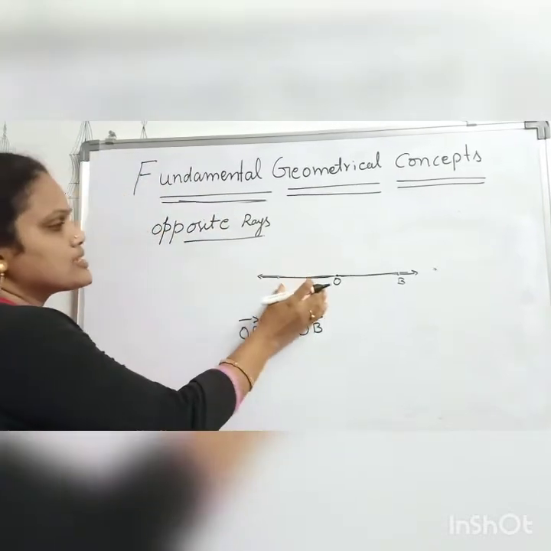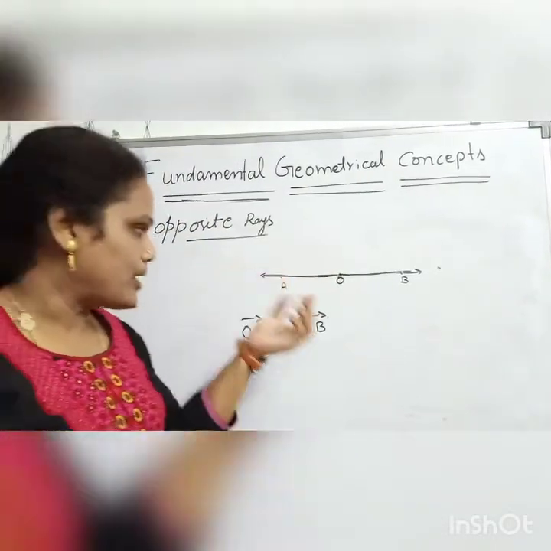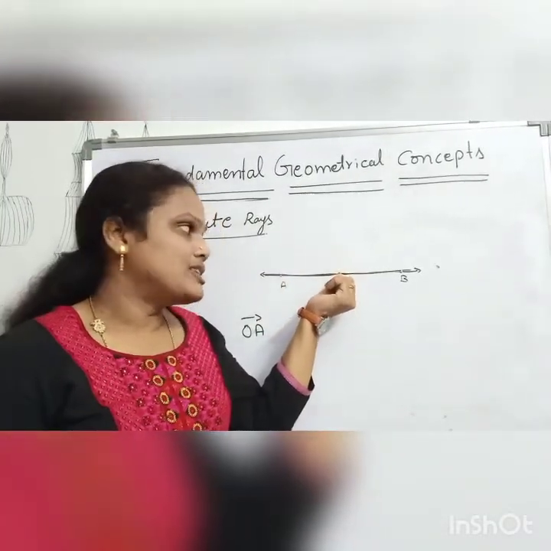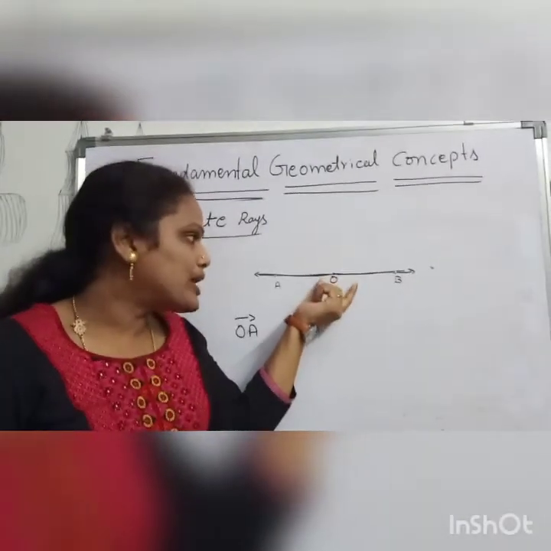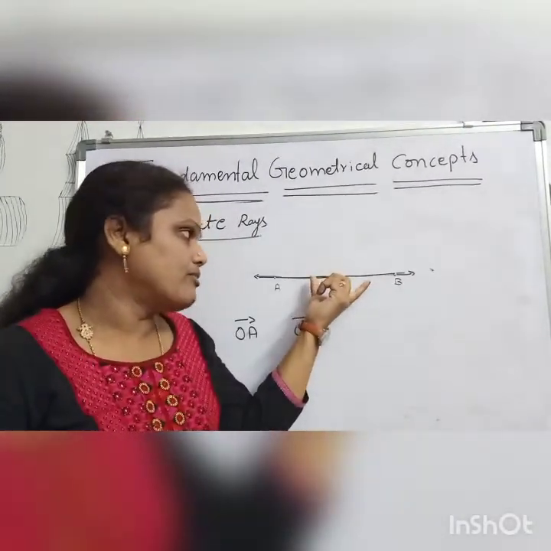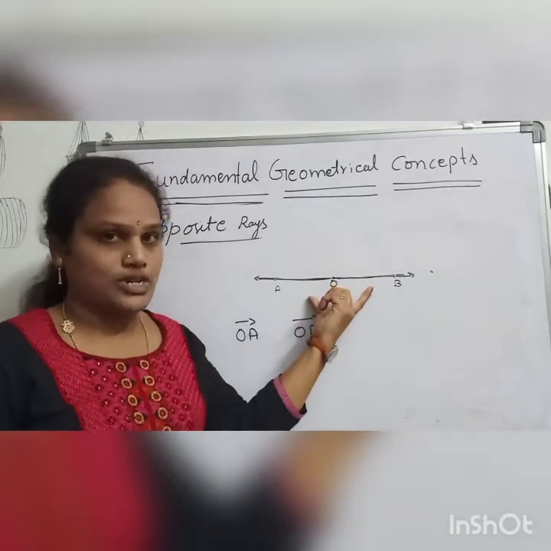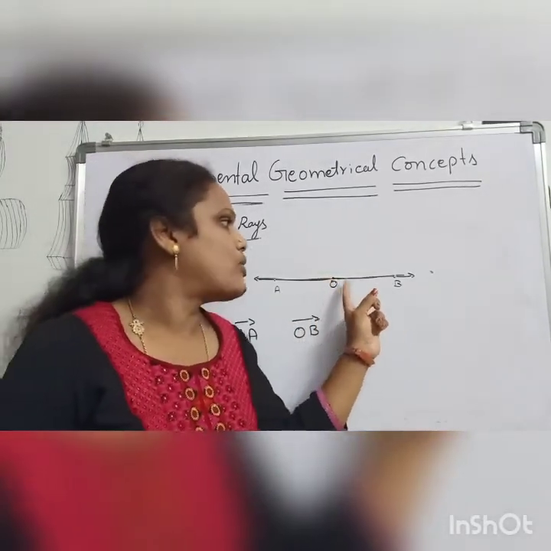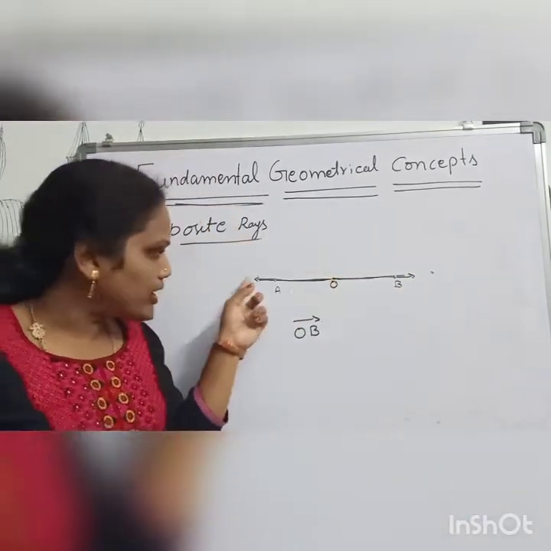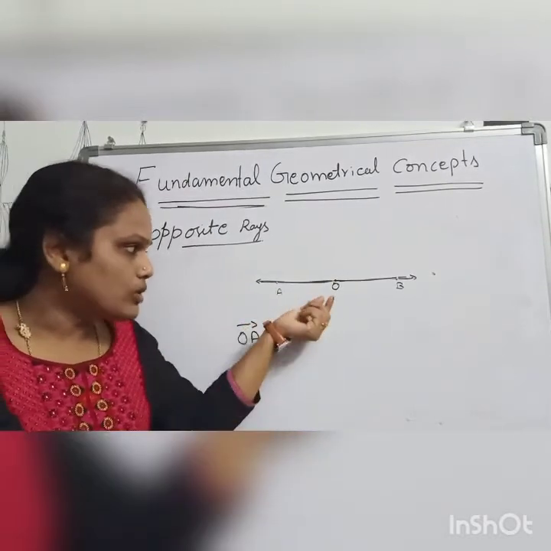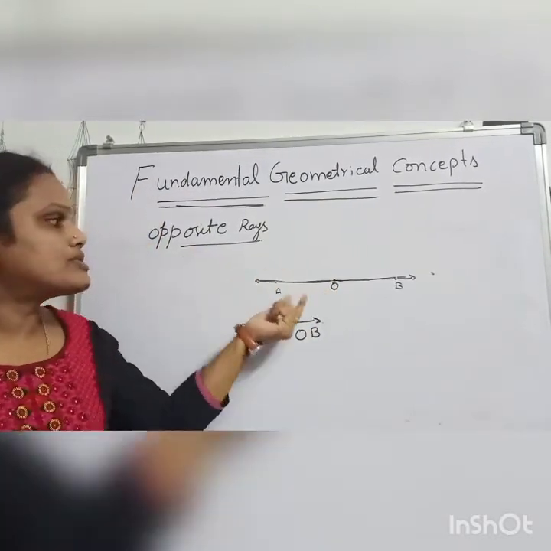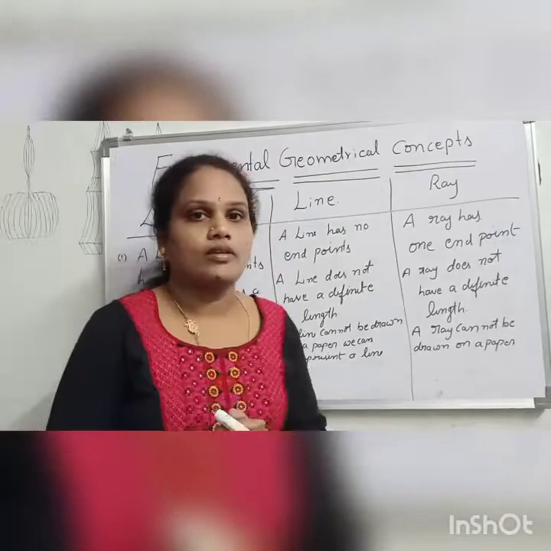So opposite rays are two rays with one initial point extending indefinitely in opposite directions. One ray goes to the right side, and one goes to the left side.